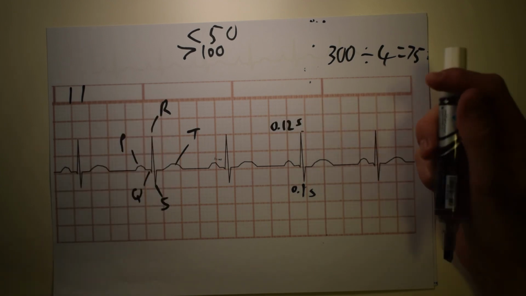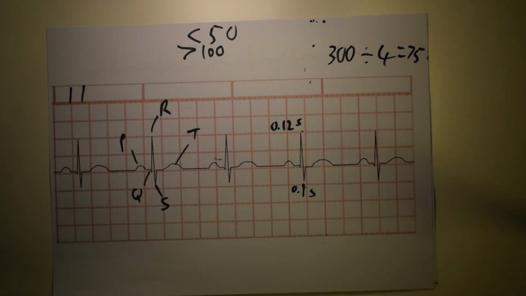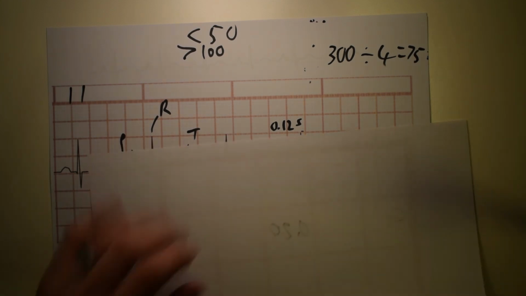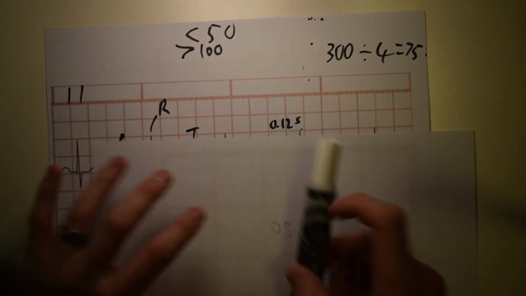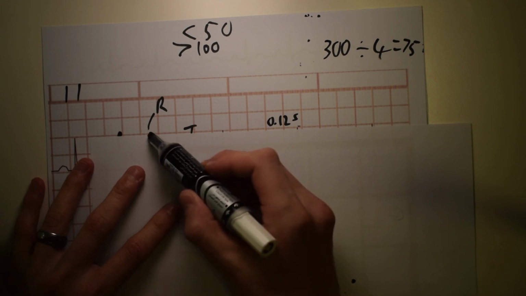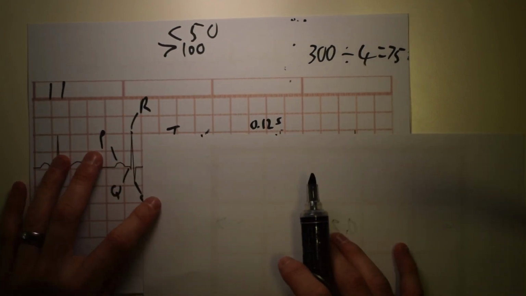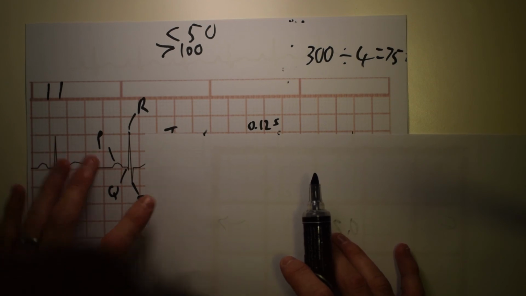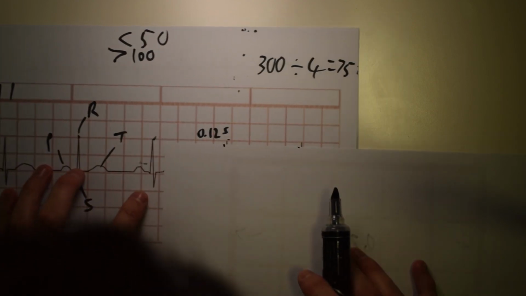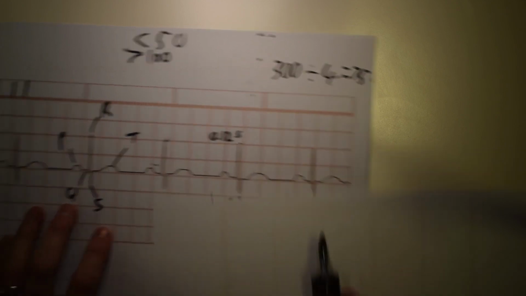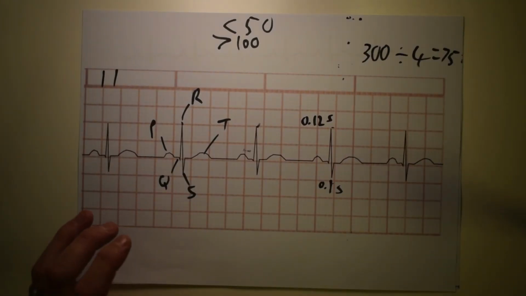The way you can assess if something is regular is you take another piece of paper, put a mark here and a mark here, and then you move it along and ask, do the RR intervals remain consistent? And they do. That is a really important thing to do so that you can make sure it is regular, because if it's irregular, there's something else completely different going on.